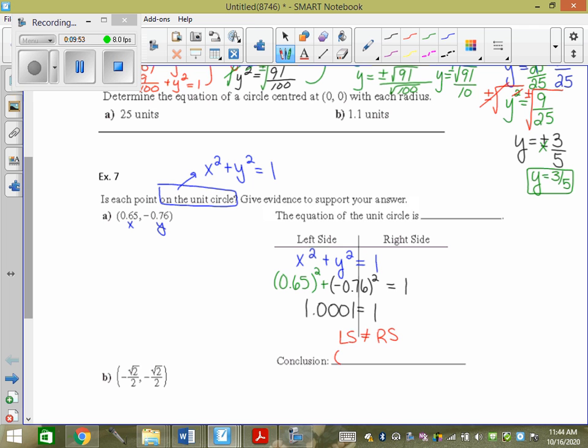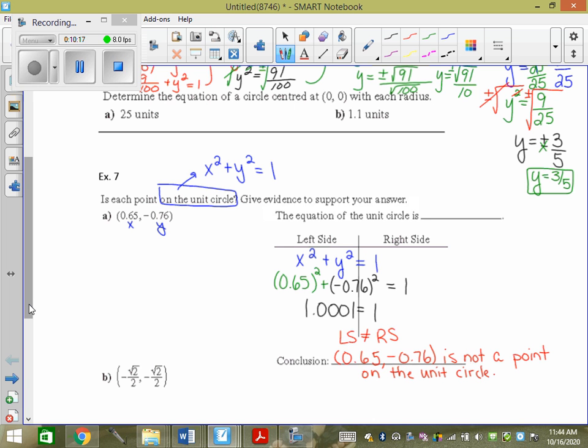So my conclusion is 0.65, negative 0.76 is not a point on the unit circle. Is it really close? Crazy close?